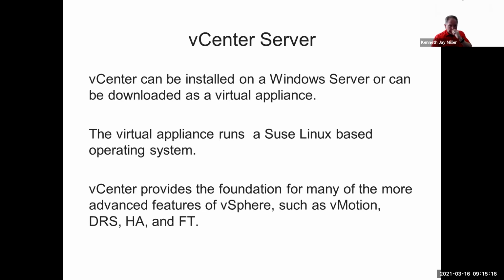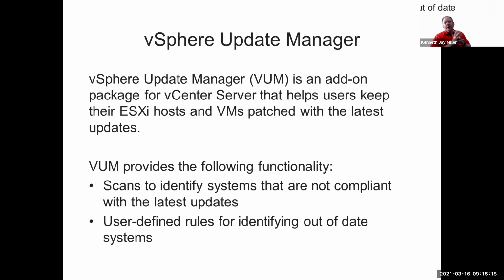Okay, so there's vCenter. Now the VUM, which is the vCenter Update Manager, is an add-on package for the vCenter server that helps us update our ESXi hosts and any of the VMs within it.